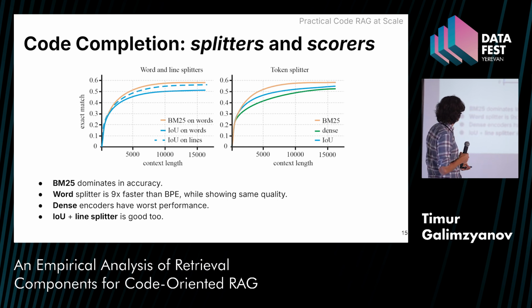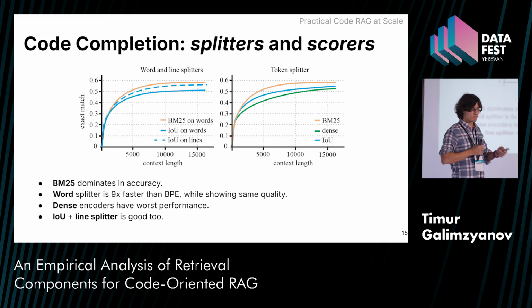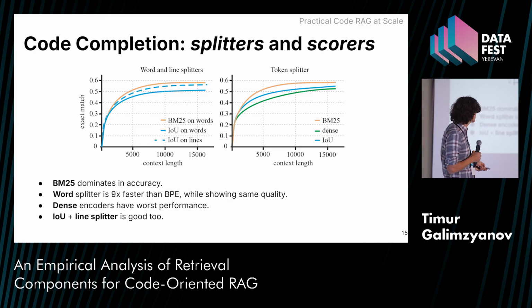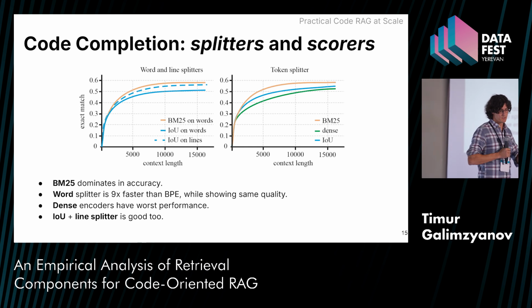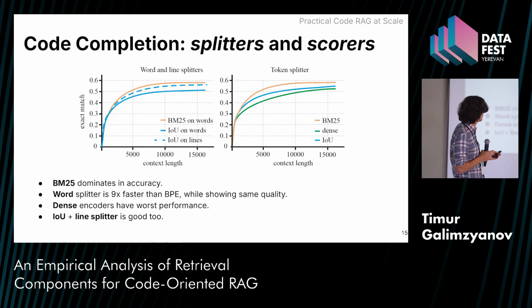And you can see here that BM25 dominates in accuracy across the two other options, which are intersection over union and the dense scorer, which leverages the embeddings of the files or chunks. Somewhat surprisingly, for the code completion task, the dense encoder, at least the E5 dense encoder, had the worst performance here.